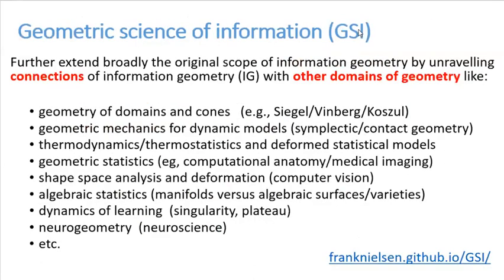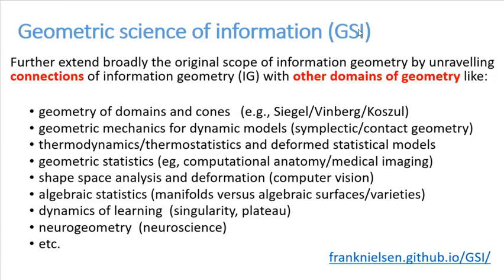What I do with my colleague Frédéric Barbaresco is we co-organize every 2 years a conference called Geometric Science of Information, GSI. The aim is to connect information geometry to many different areas of geometry, like for example the geometry of domains and cones, like the work of Koszul, Siegel and Vinberg.